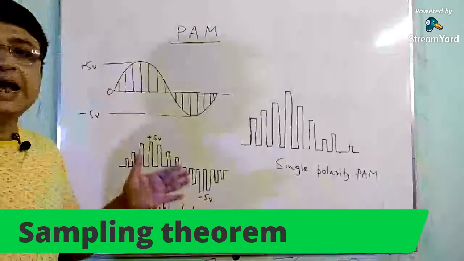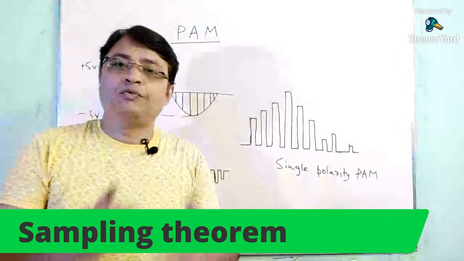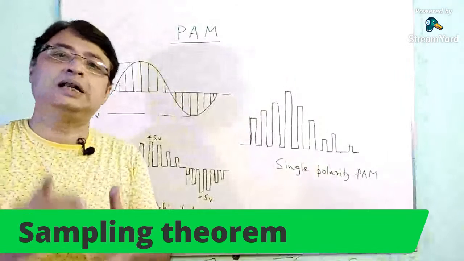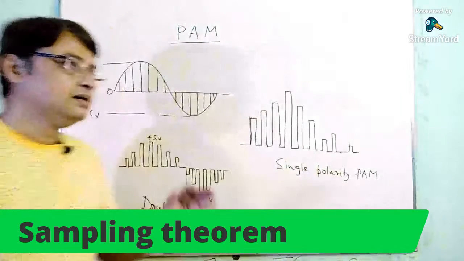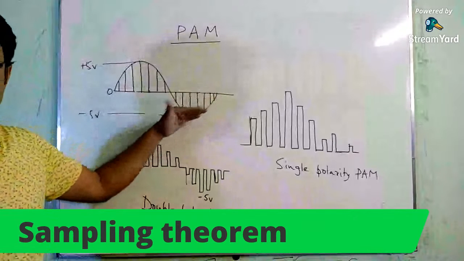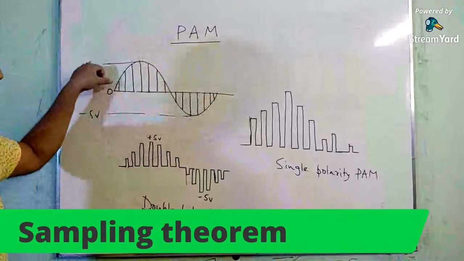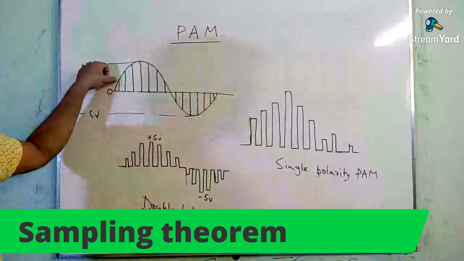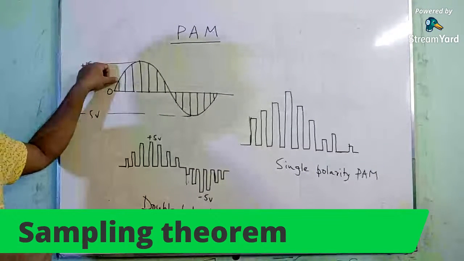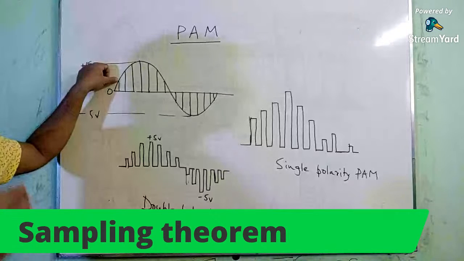Now, whenever an original signal or an analog signal is sampled, since this is a continuous signal, say at 5 seconds I have sampled, the sampling interval is 5 seconds.